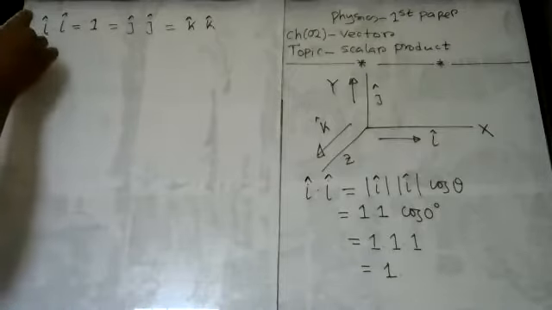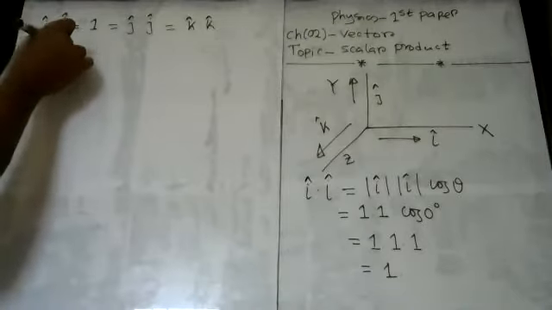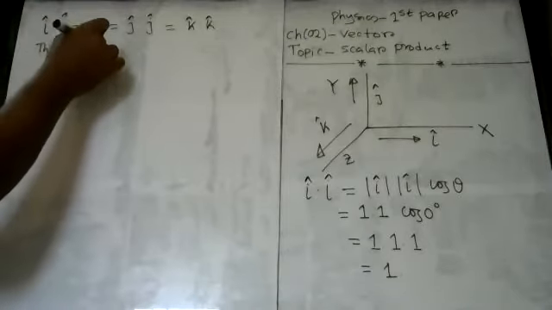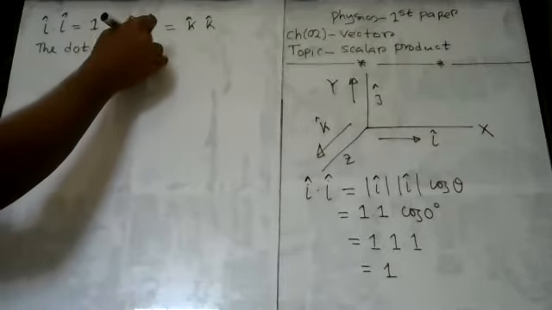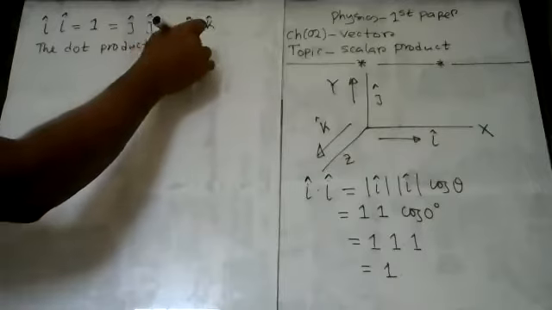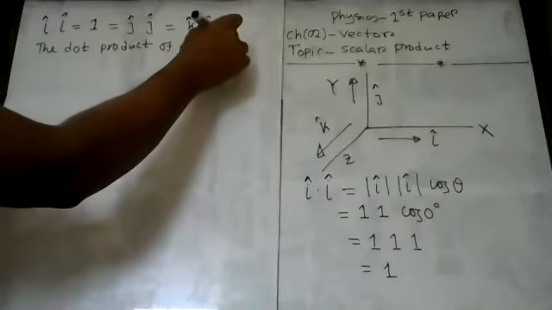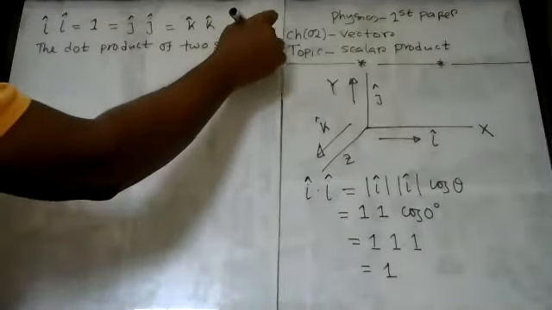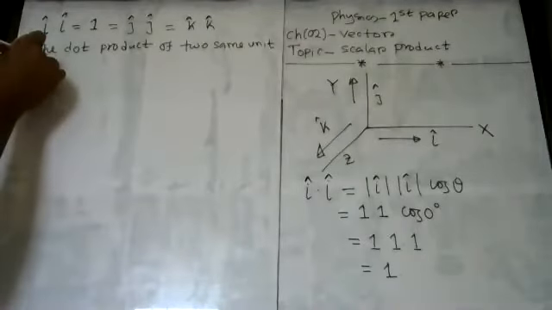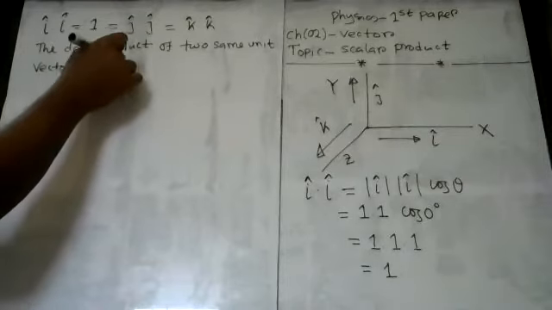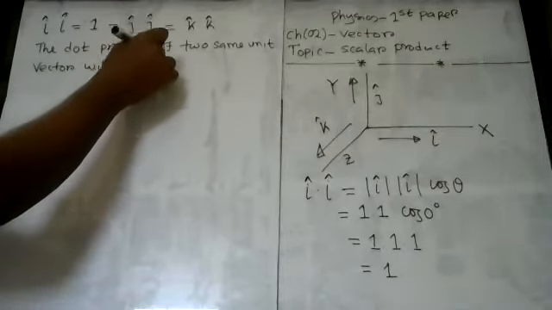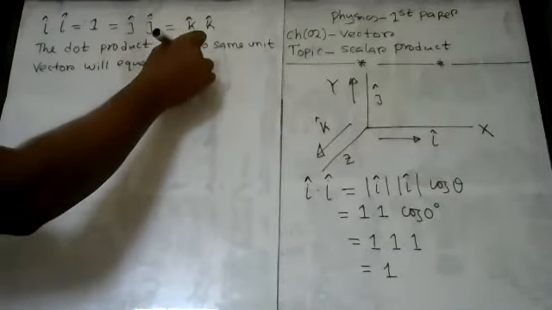So what is the statement here? The dot product of two same unit vectors will equal 1 unit.